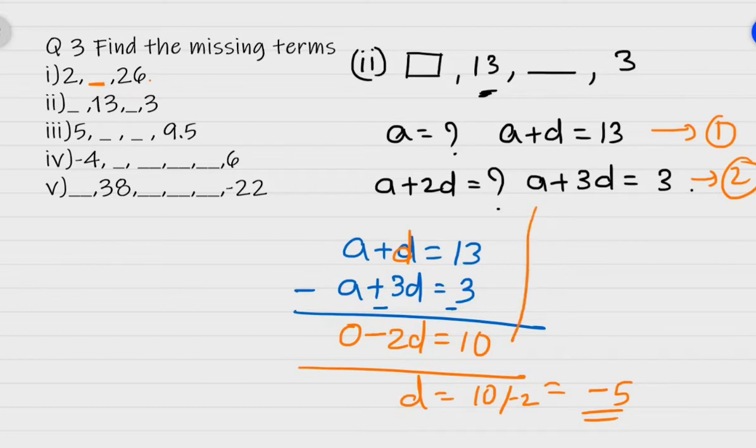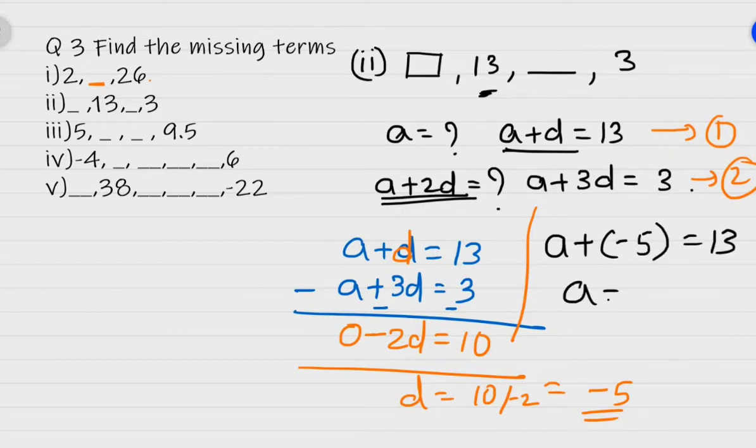Now first calculate the value of A also. From here, A plus D, that is minus 5, equal to 13. So your A will be 13 plus 5. See, plus minus minus, when it moves there, it will give you plus. So A will be equal to 18.